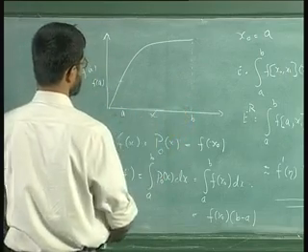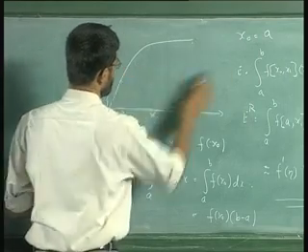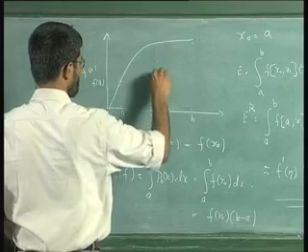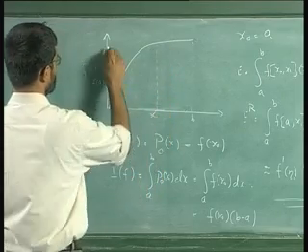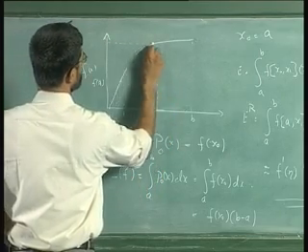So that is the case where, somewhere here, that is my a plus b by 2 point, and that is the function value at that point.